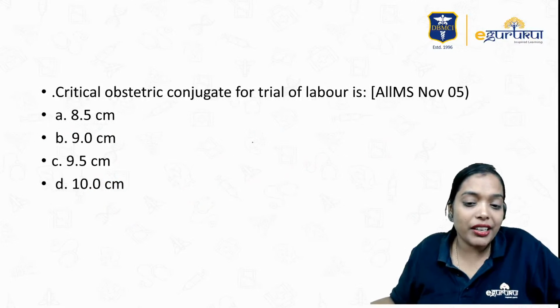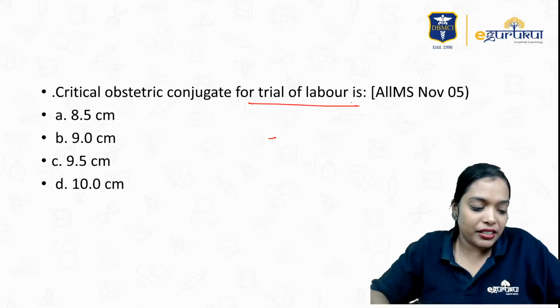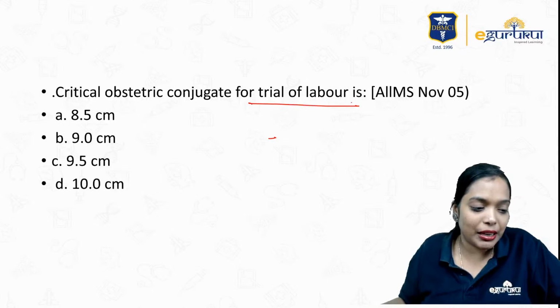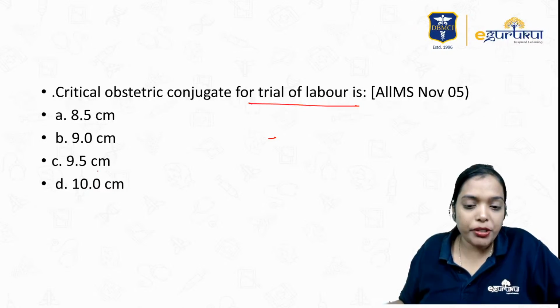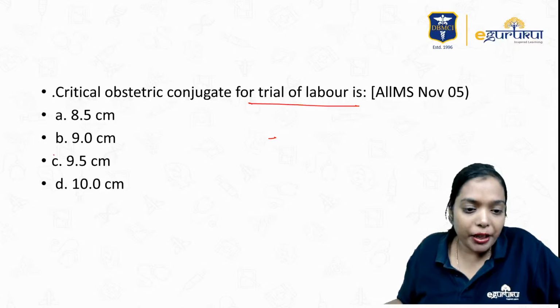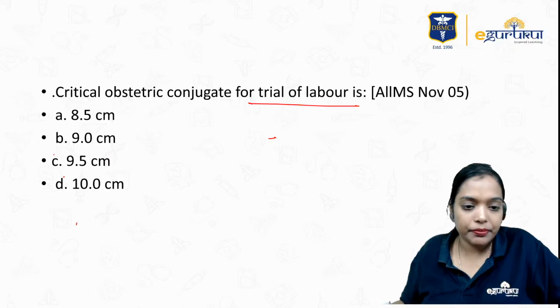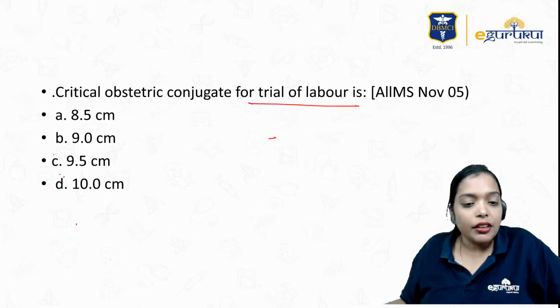Critical obstetric conjugate for trial of labor is. This is a direct question. Yes, I'm expecting you to answer. Critical obstetric conjugate for trial of labor is 8.5, 9, 9.5, 10 centimeters. Yes.